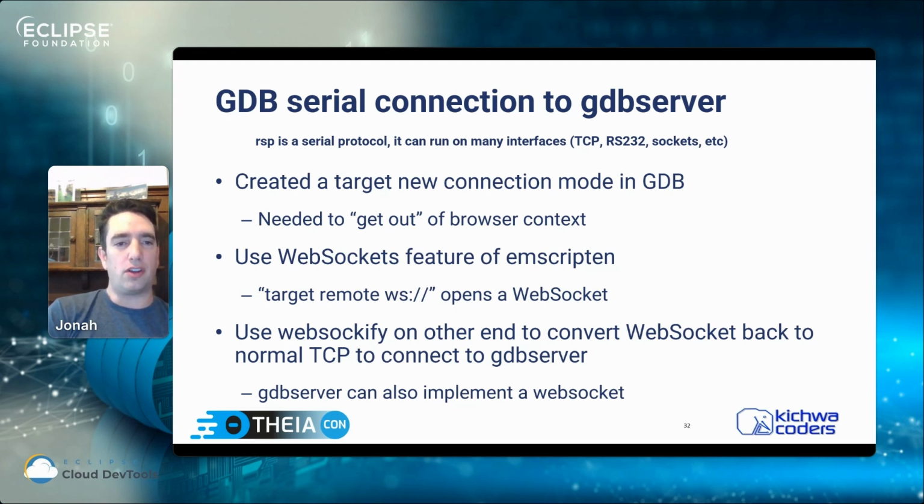So a user could type target remote ws:// and give it the IP address and port to connect to the running GDB server. And then we use Websockify at the other end to convert WebSockets back to normal TCP to connect to GDB server. And that way GDB server doesn't need to be modified. Of course, GDB server could also just implement a WebSocket server.